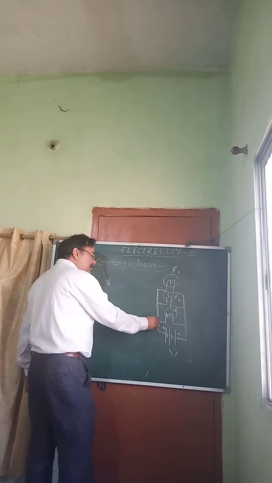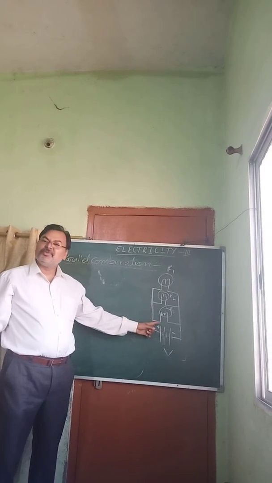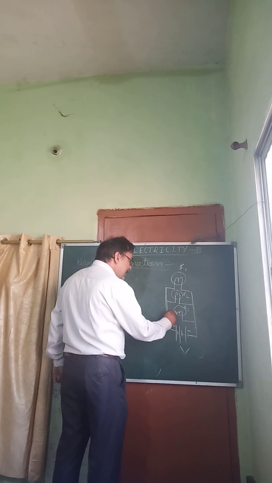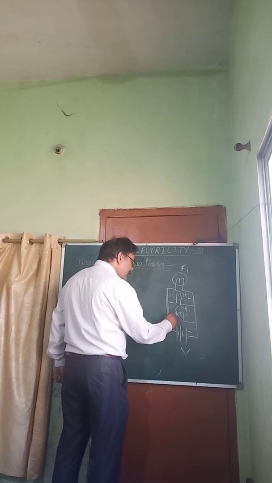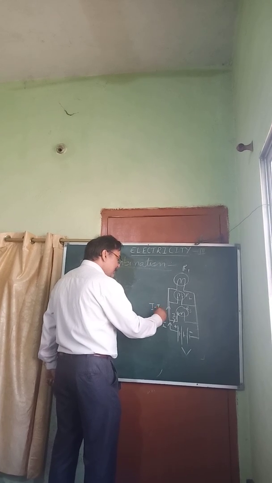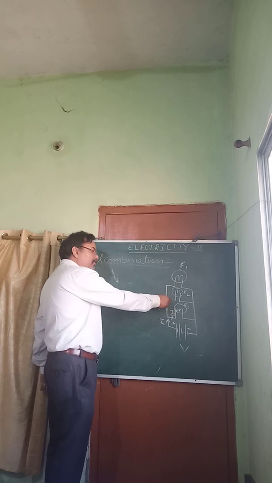Current I will reach here, and after reaching here, it will have two paths. So what will it do? It will get divided. Suppose here current I3 goes. The remaining current will pass through here, that is I minus I3. Because I3 has gone there, and the total was I, so the remaining I minus I3 will go through this.